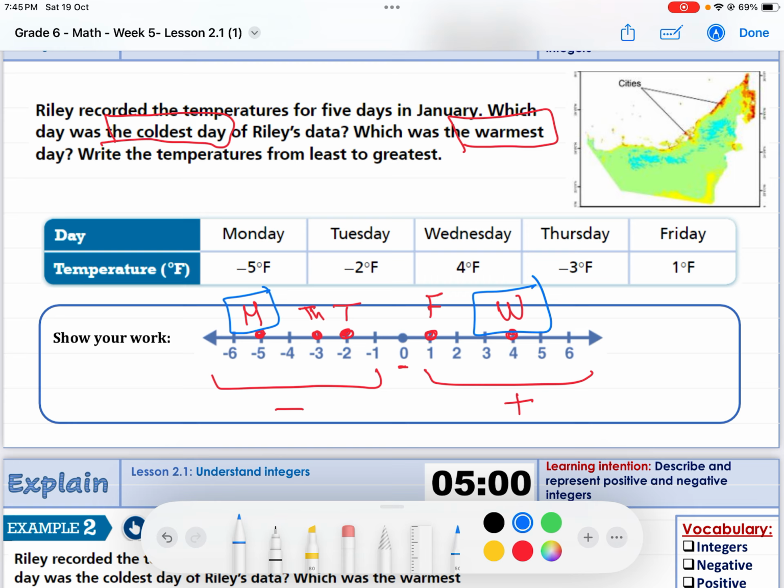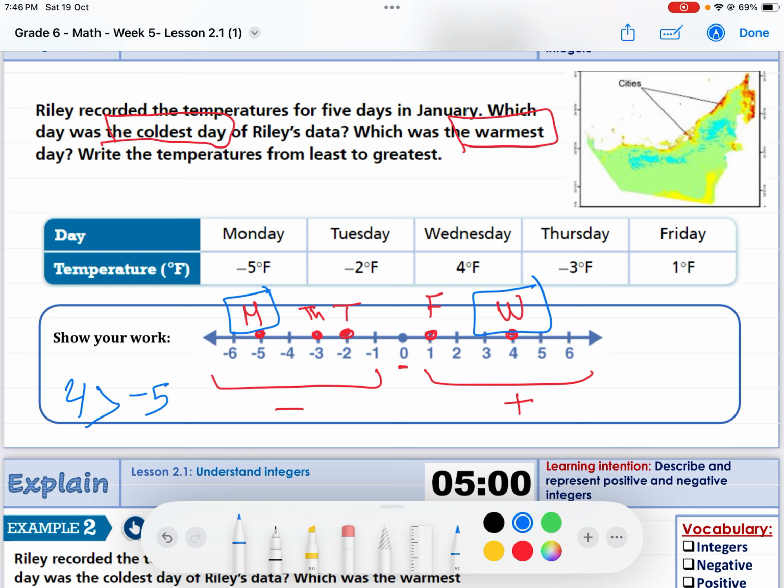It's 4 degrees Fahrenheit, so it's farther away from 0 to the right side. Here we can compare the 2 temperatures. We can say 4 is greater than -5. Okay? So you can use the number line to compare integers. You can use it also to order integers from least to greatest or greatest to least.